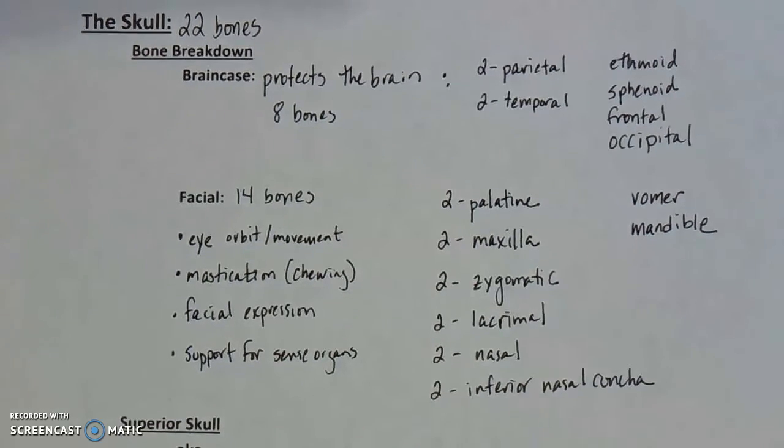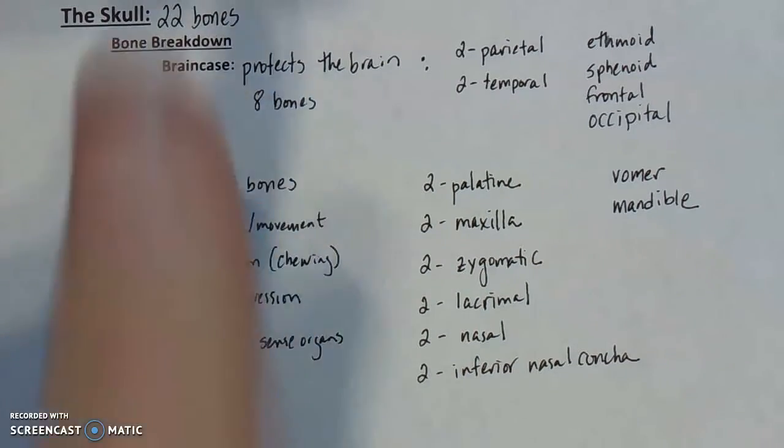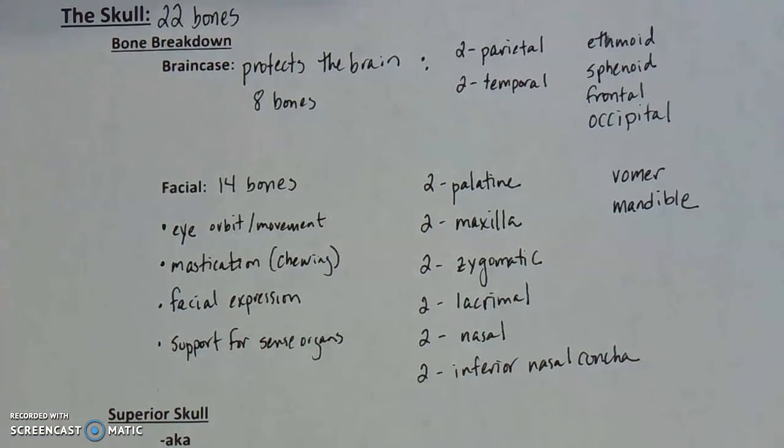So that will give us our 14 bones of the facial and our 8, which gives us 22 bones total for the skull.